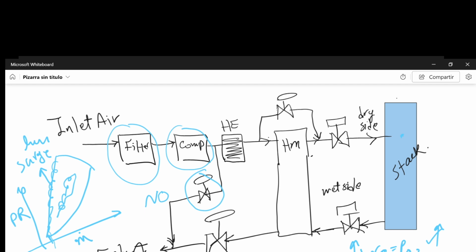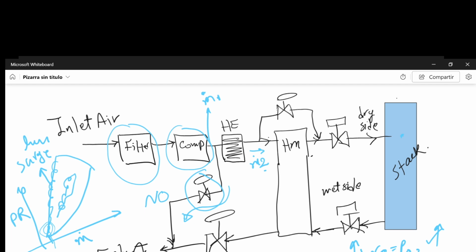If we have mass flow m1 from the compressor, but what goes inside the stack is m2, then m1 is much bigger than m2, and the difference between m1 and m2 goes to the exhaust. That's why the compressor bypass valve is important. At low load we maintain the compressor speed higher because we don't want to force the compressor to work in the unstable area, the surge line, but we can bypass some of this air through the bypass valve. That's why it's important to have a bypass valve here.